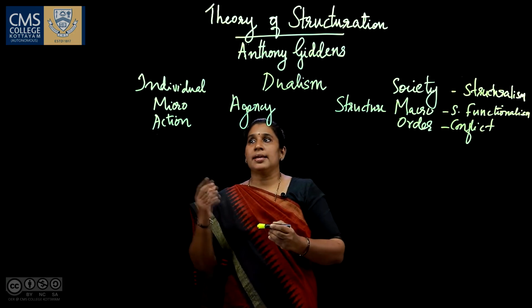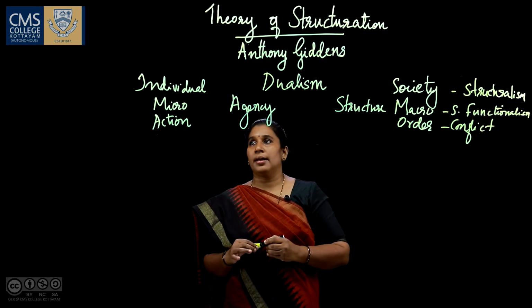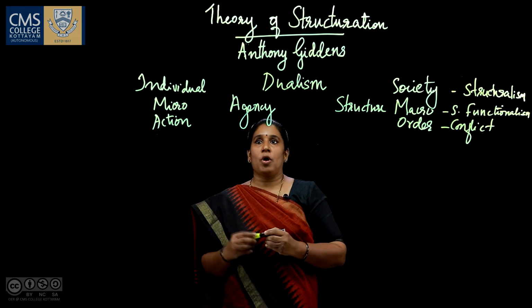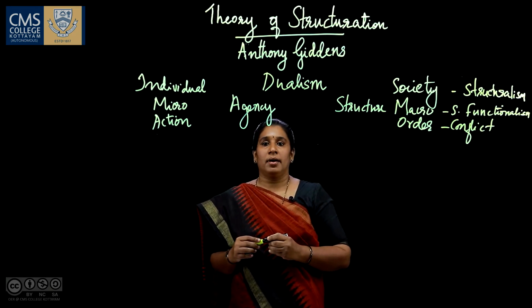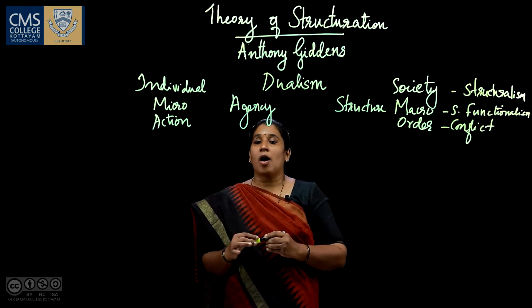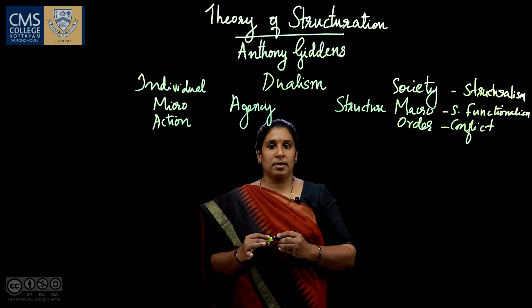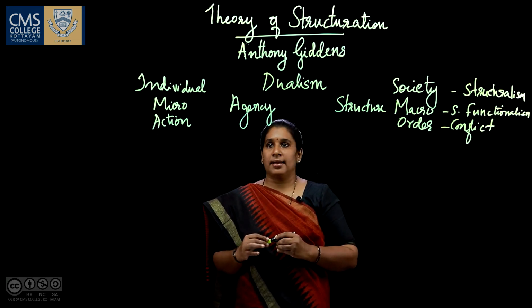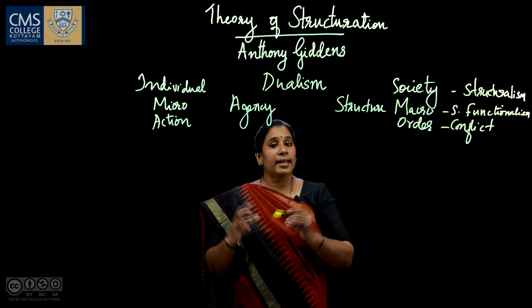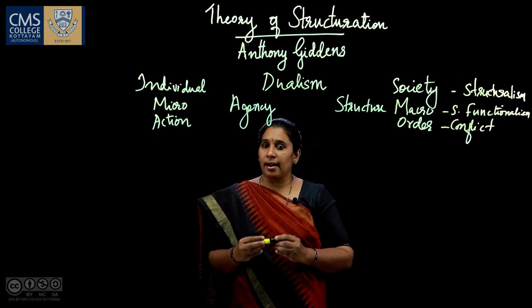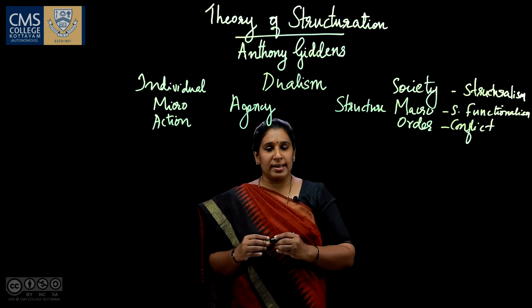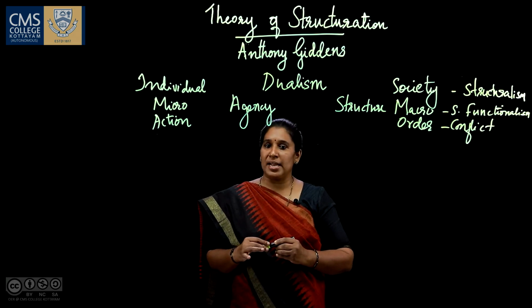When we see the arguments raised by the individual camp or the agency camp, they believe in a voluntaristic approach. That means they believe that the entire society is a construction out of individual actions and meanings.